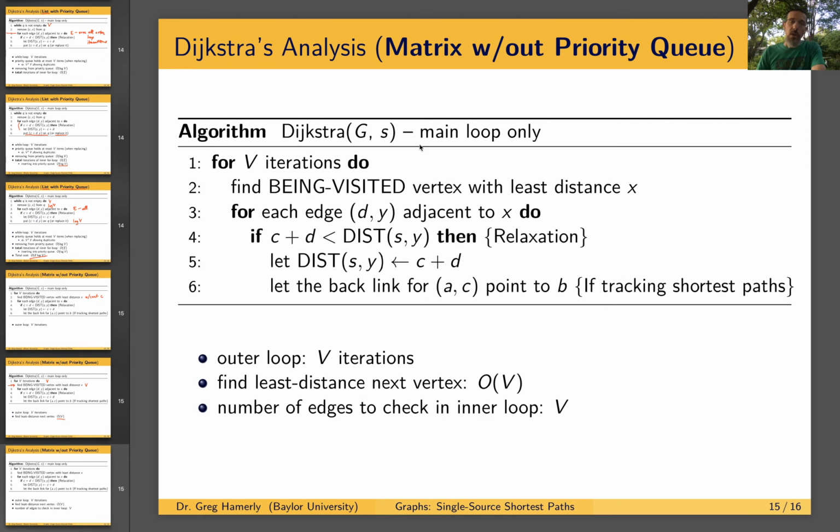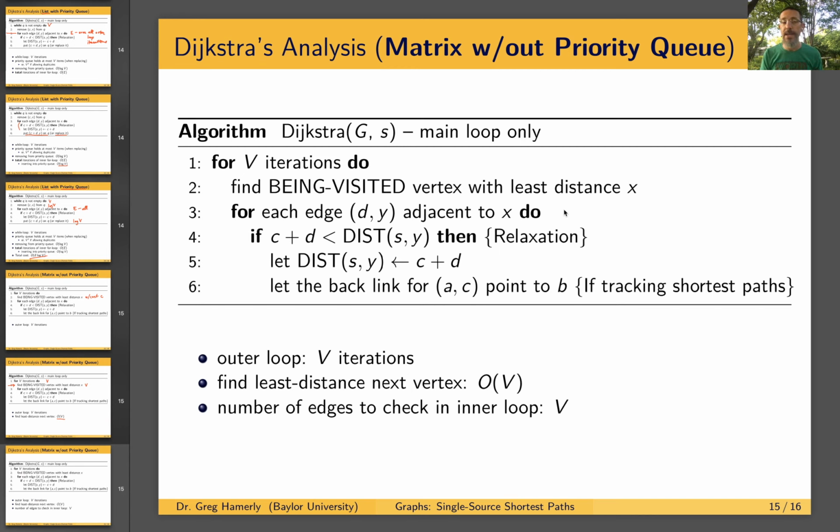Now, at line 3, we have to check all the edges that leave from vertex x. We don't know how many edges there are from vertex x. And if you recall our previous conversation, you go to the row for vertex x, and then you have to look at all of the potential outgoing edges from x and say, are you an edge? Are you an edge? Are you an edge?